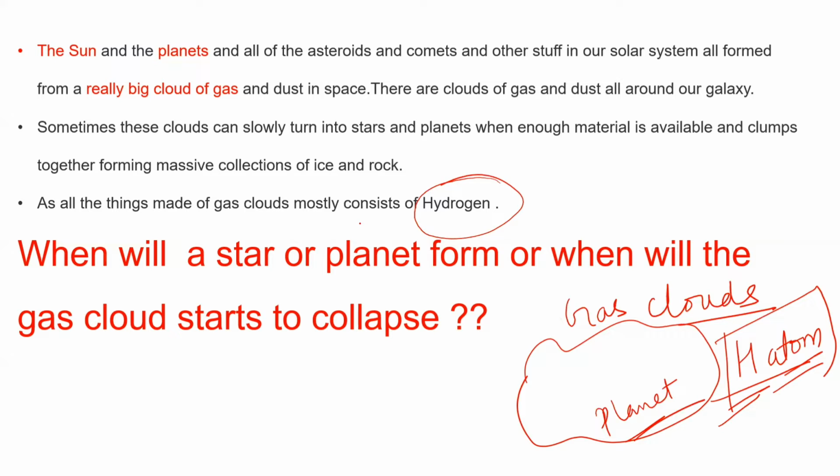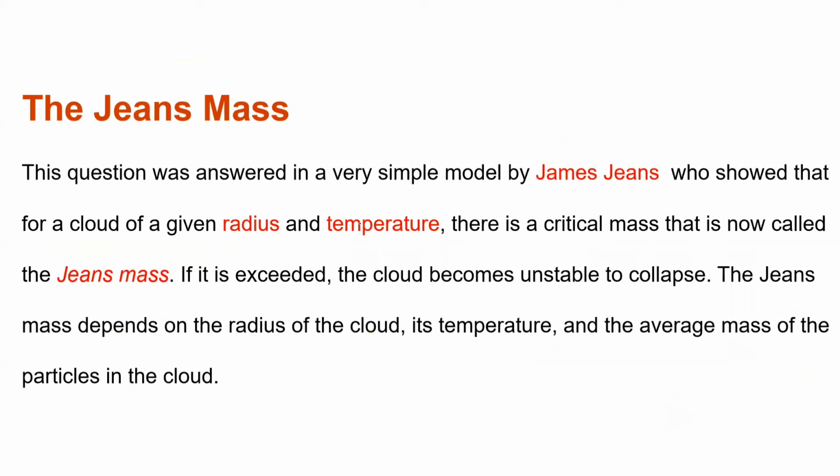So the question arises: how do these gas clouds start to collapse, and when will they start to collapse, and is there any criteria for choosing which gas clouds collapse? So yes, the answer is yes. We have a criterion that is known as the Jeans criterion, Jeans mass.